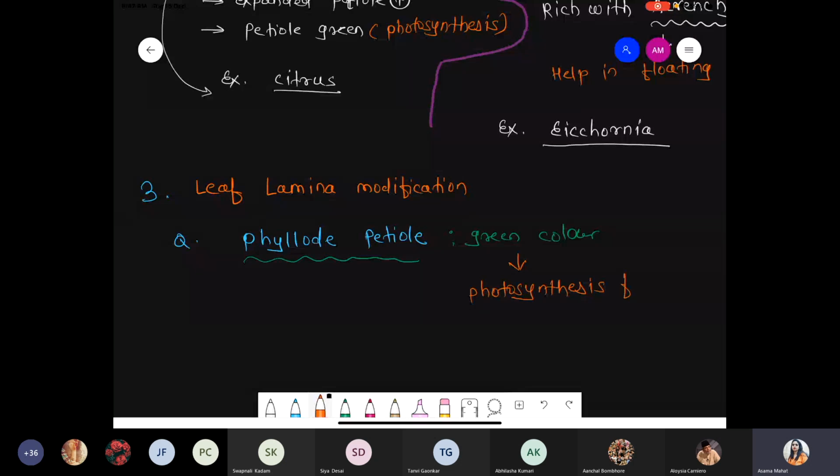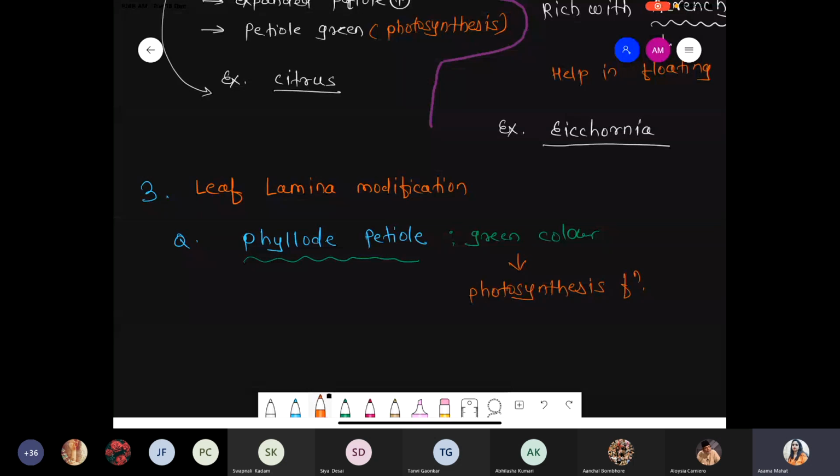So now we are talking about what is the meaning of the phyllodes. So normally what happens in case of some xerophytic plant, desert plant, to control the water loss, whatever the leaf lamina is present, that lamina shows reduction, they undergo the process of reduction. And whatever the functions of the photosynthesis, all those functions are performed by the petiole.